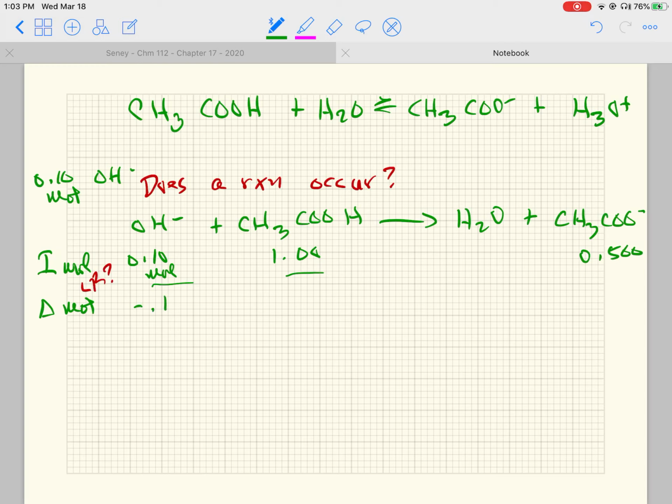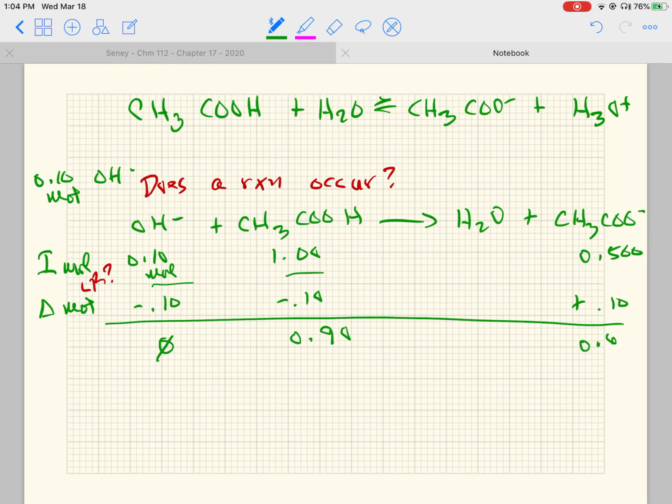So we know for every 0.1 mole of hydroxide that's consumed, there's 0.1 of acetic acid consumed, so minus 0.1, and then we add 0.1 of the acetate produced. And again, we could do this with water, but ultimately when we're at the end and we're looking at pH, we're going to notice it doesn't affect it at this point. So we have 0, 0.9, and then we have 0.6.